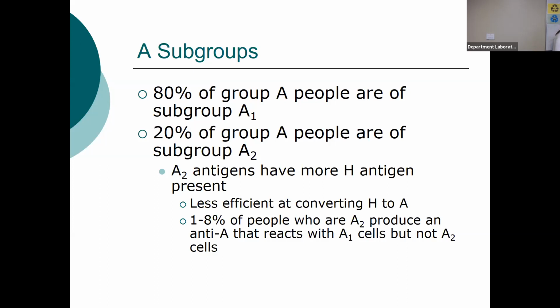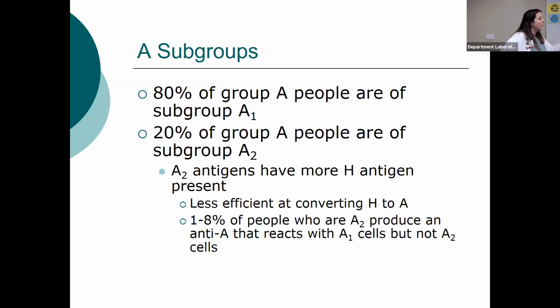So they lack some of the A1 antigen expression. Therefore, they could build an antibody to the A1, okay? So that's where we get our subgroups. If you have an A2 patient, they could potentially have an anti-A1, and that will cause a typing discrepancy that we'll talk about a little bit later on.